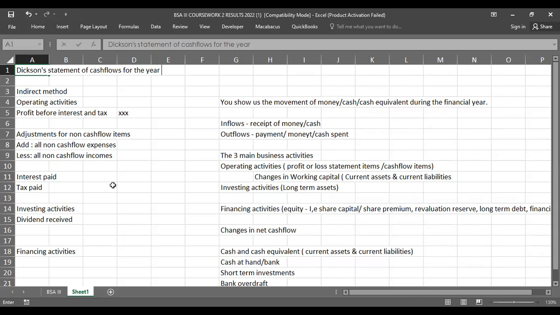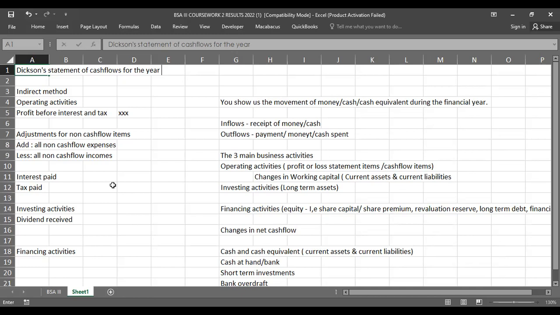So the income statement is easy to manipulate and therefore gives a false image. You're saying you have revenues and sales of 20 million, but you may find half of those are on credit, and whenever you sell on credit, chances are high that people will not pay you back. That's why you have bad debts.